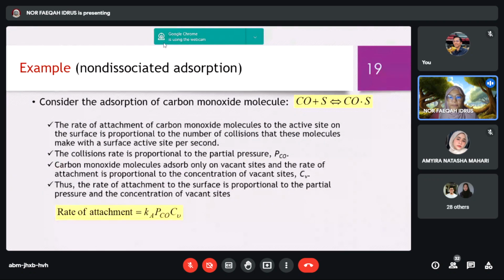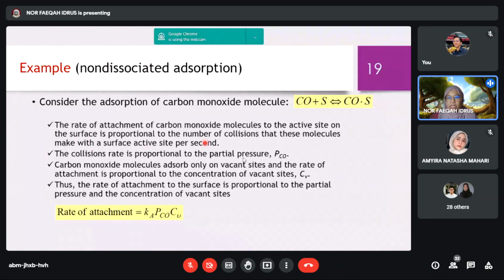Okay, so first example, we look at the non-dissociative adsorption. Consider the adsorption of a carbon monoxide molecule. This is the mechanism of how the reaction occurs. The carbon monoxide molecule requires only one active site, a reversible reaction, CO.S.